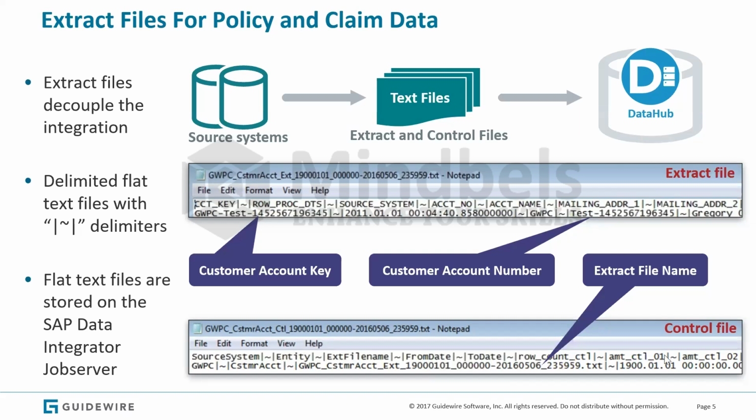If we have any amount column, we have the sum of that column, and at a later stage we compare what we pulled and what we got into Data Hub, whether that amount column matches. Okay.